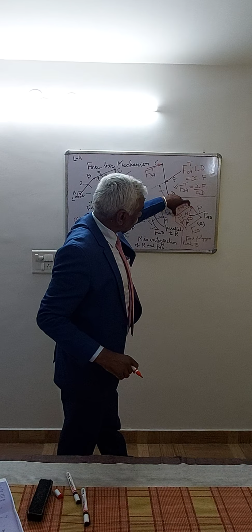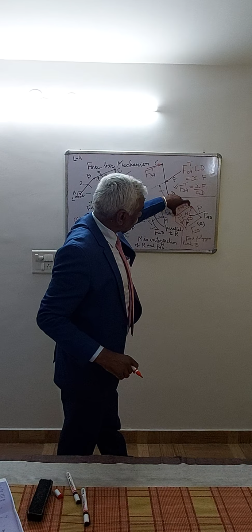F43N is known fully. So, join this point to this point, that will indicate F43, the resultant of these two forces. F43 is the resultant of F43T and F43N. The resultant is F43, this much.